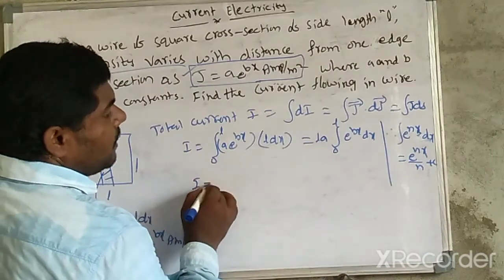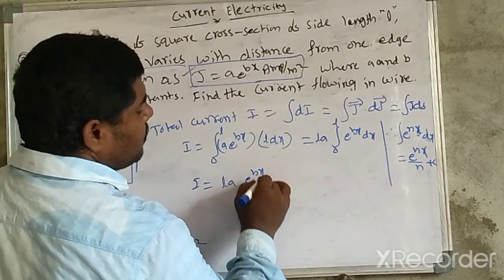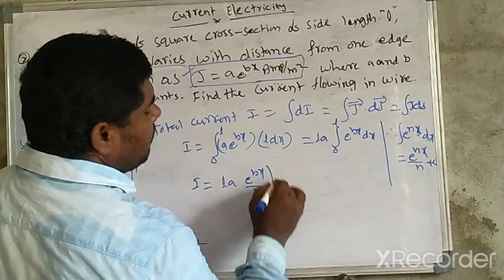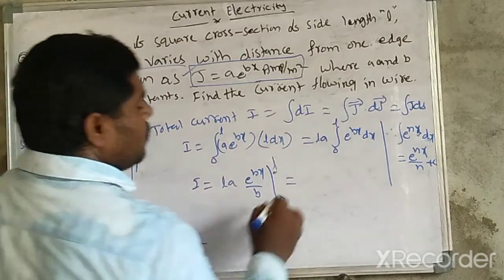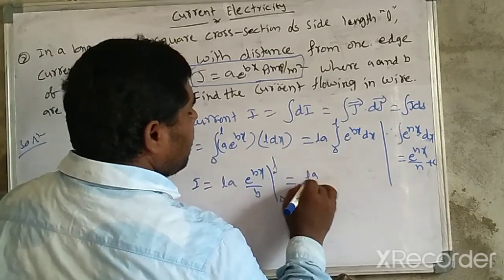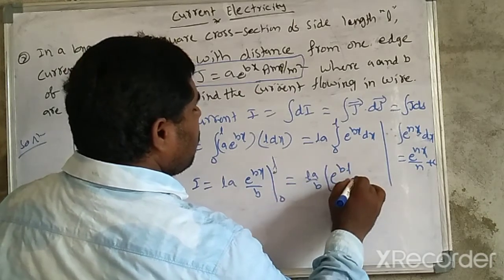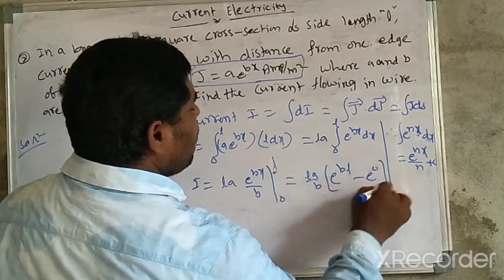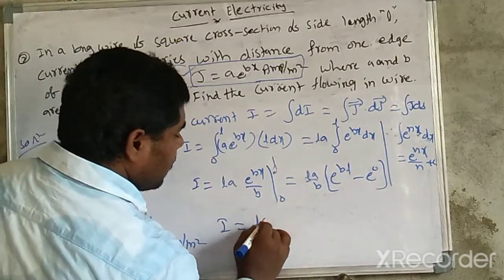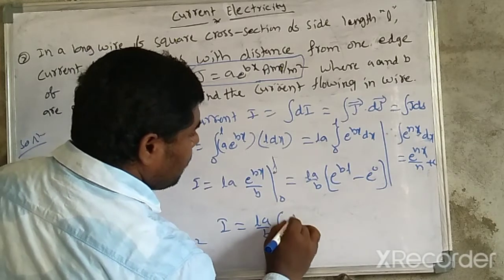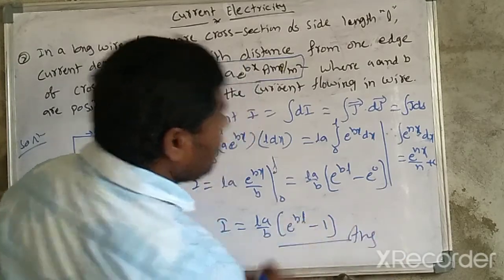So this current I is equal to L into A into e power bx divided by b, with limits 0 to L. Higher limit minus lower limit: L A by b, higher limit e power bL, minus e power 0. E power 0 is nothing but 1. So total current I is equal to L A by b into e power bL minus 1. This is the answer to the question.